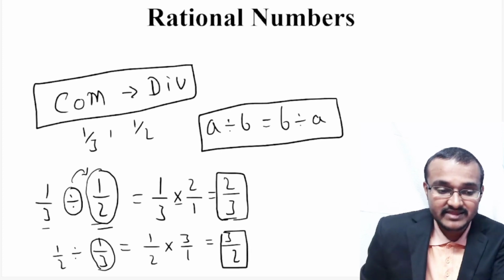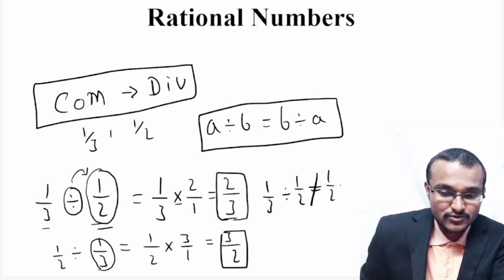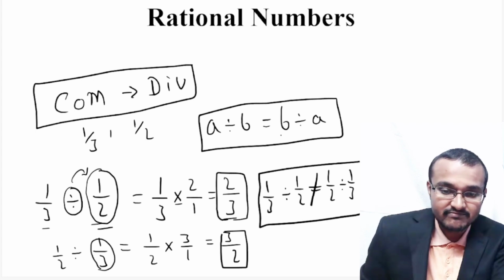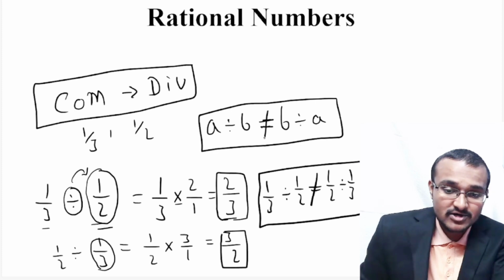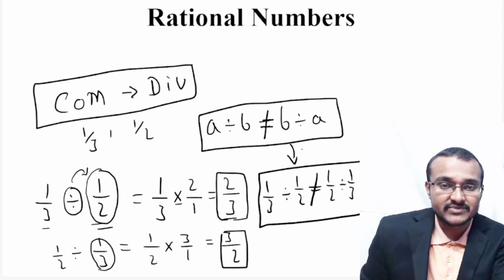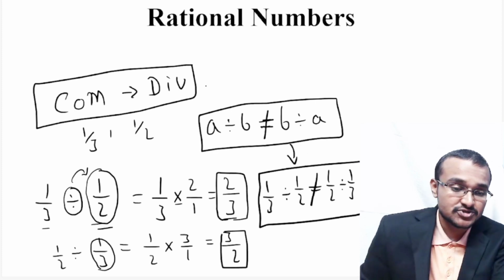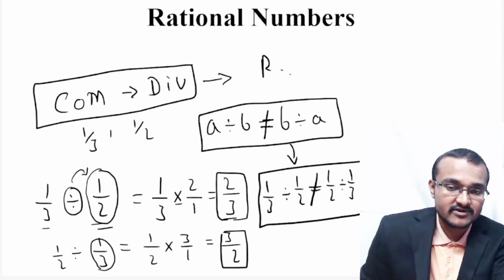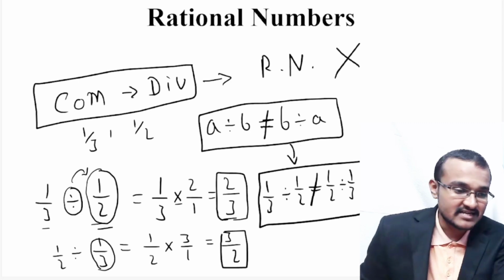That means 1 by 3 divided by 1 by 2 is not equal to 1 by 2 divided by 1 by 3. That means a divided by b is not equal to b divided by a for rational numbers. So that shows commutative property under division for rational numbers is not satisfied.